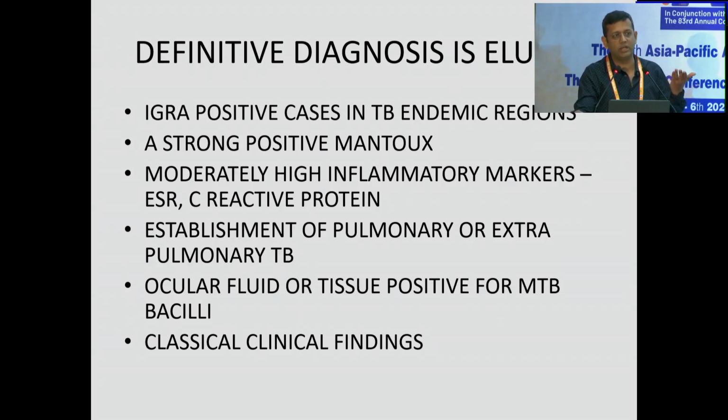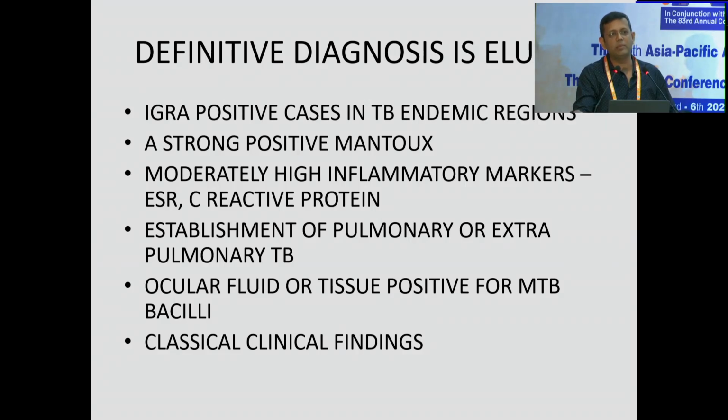The positivity of IGRA has a very high specificity, almost 70 to 80% specificity, as far as diagnosis of MTB uveitis is concerned. Usually, tubercular uveitis doesn't present itself in a very fulminant fashion, very rare. Usually it goes on over days, weeks, and months, when the disease process starts affecting the patient's normal life, and signs and symptoms become very obvious.